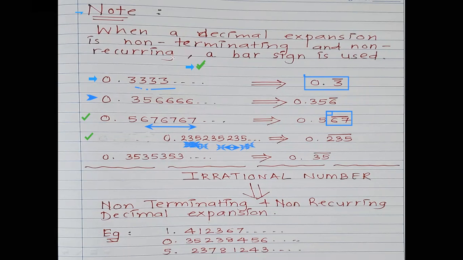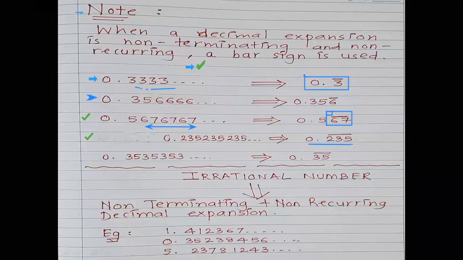Hence, you will observe that it has been represented as 0.235, and the bar is actually on 235, which indicates that 235 is getting repeated continuously. I hope this is clear.